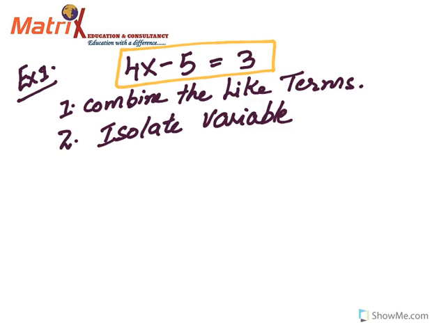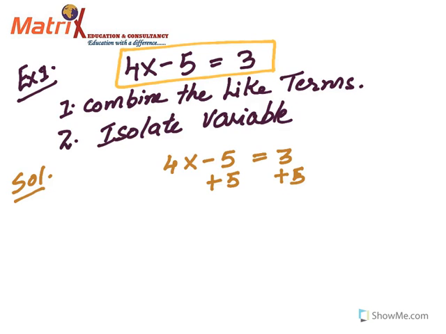Now, I am writing the solution. It's 4x minus 5 is equal to 3. So we combine the like terms together. We do plus 5 here, plus 5 on this side. Now understand, whatever treatment we do on one side of the equation, the same treatment has to be done on the other side.